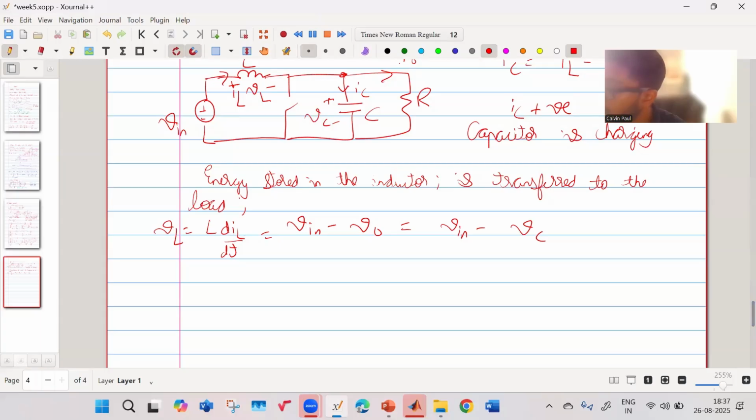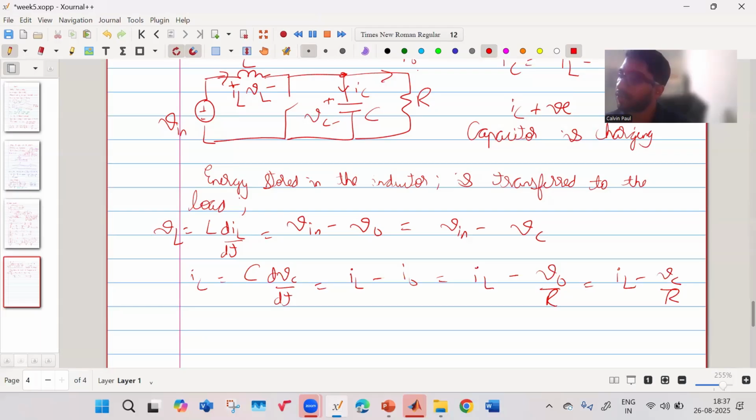Now, my IC is equal to C dVC by dt, which is equal to IL minus I naught. IL is a state, so it is fine. I naught is V naught upon R, which is equal to VC upon R. This is how we can write it for the capacitor.